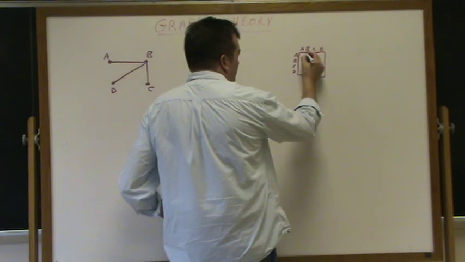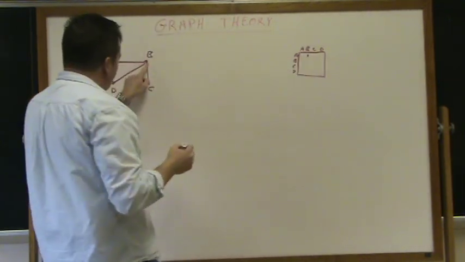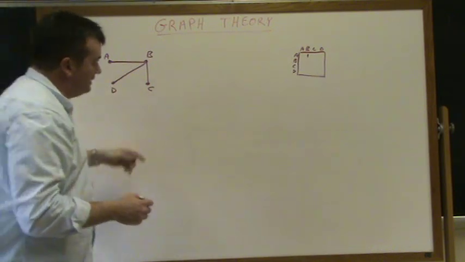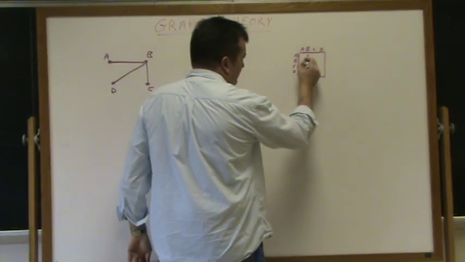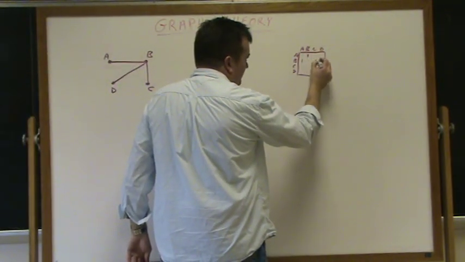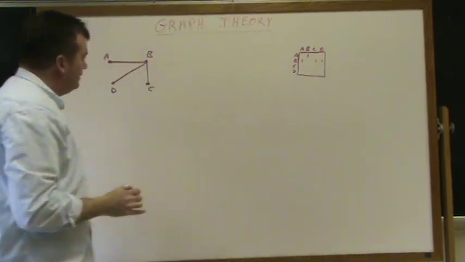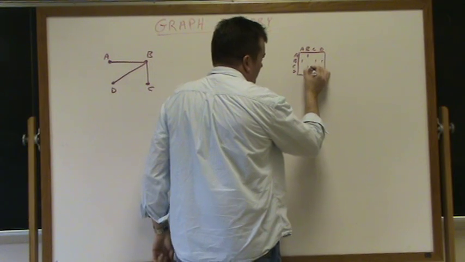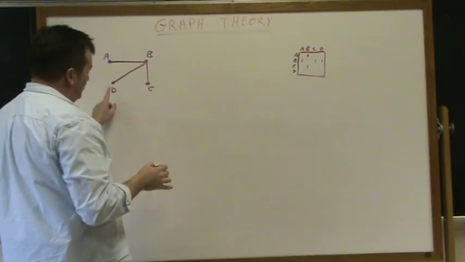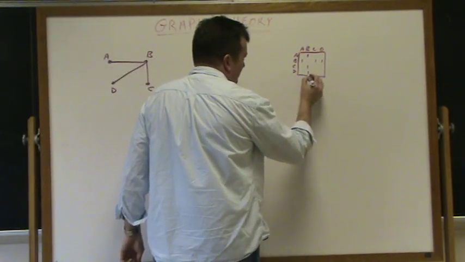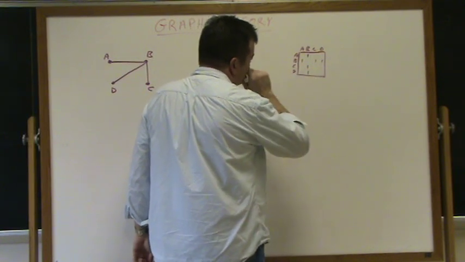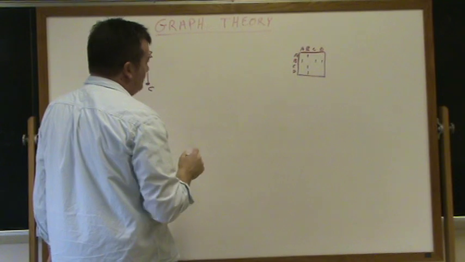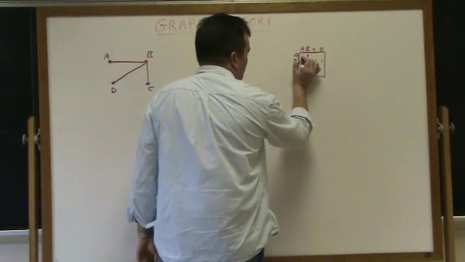So if A is connected to B, we'll put a 1 in it. B is connected to A, D, and C, and C is only connected to B, and D is connected to B, and actually this should be symmetrical. Everything else would be a 0.